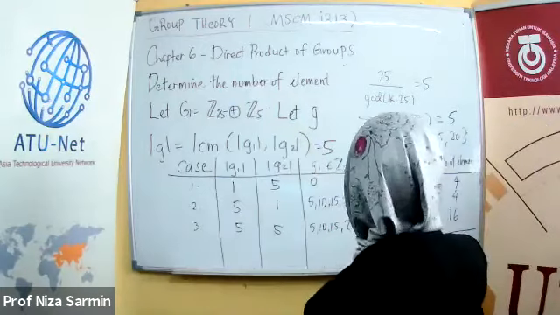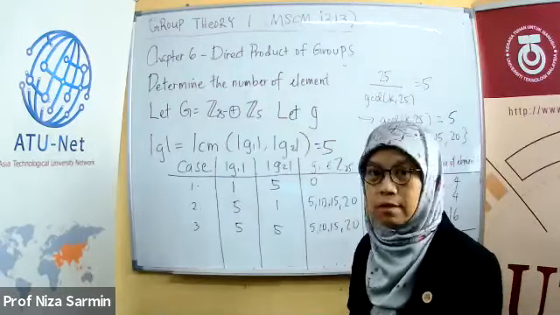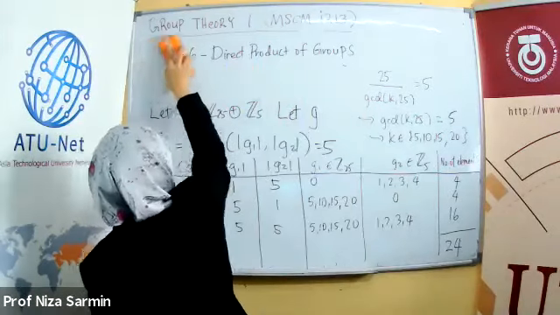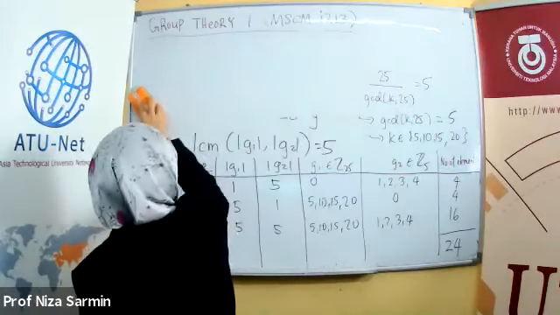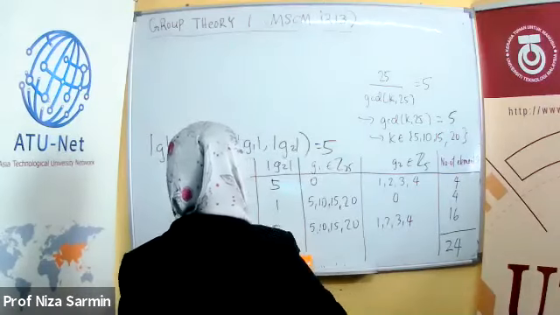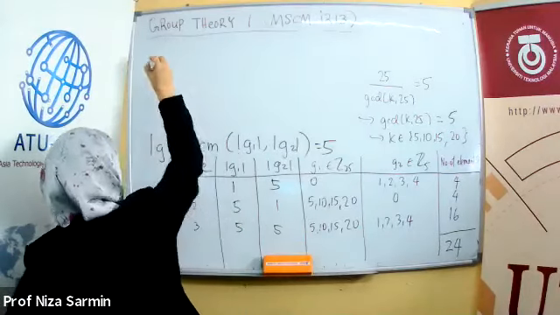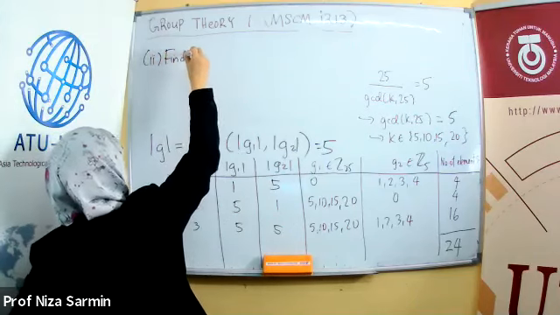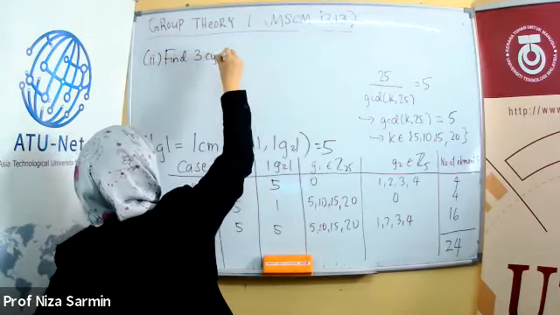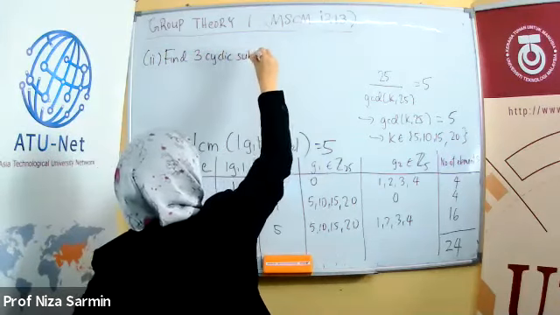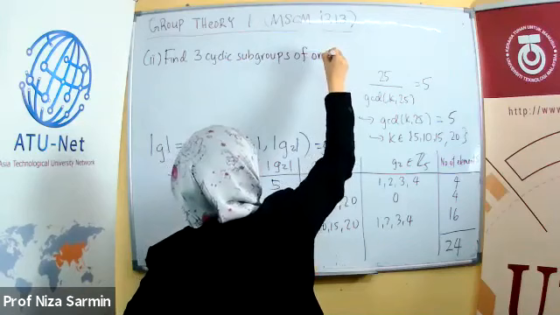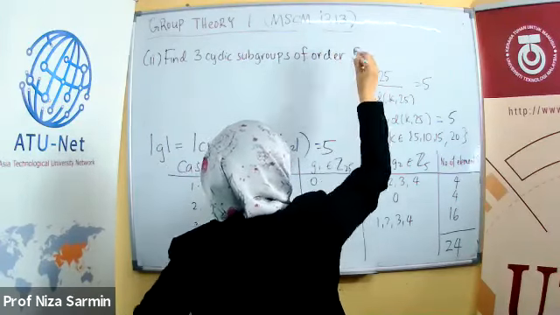Okay, so I add another question. Just now the answer is 24, yeah? To the first question. Next question. What's the next question just now? That's number 1. That's number 2: find 3 cyclic subgroups of order 5.